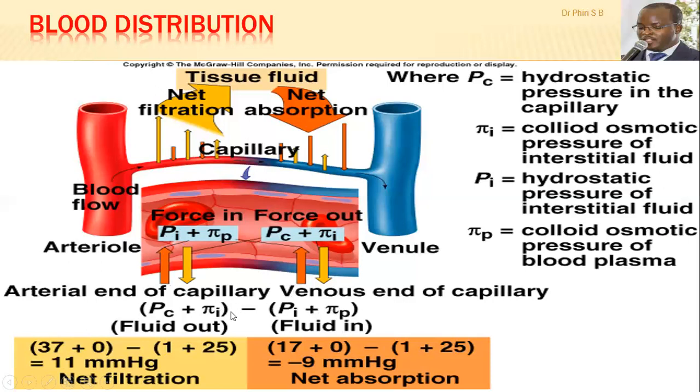This remaining fluid is going to be drained by the lymphatic system. This is where the lymphatic system comes in. That's why the lymphatic system is also part of the circulatory system. We'll discuss that in lecture 8. So just note that the excessive amount of fluid remaining within the interstitium will be drained by the lymphatics. That is the function of the lymphatic system.